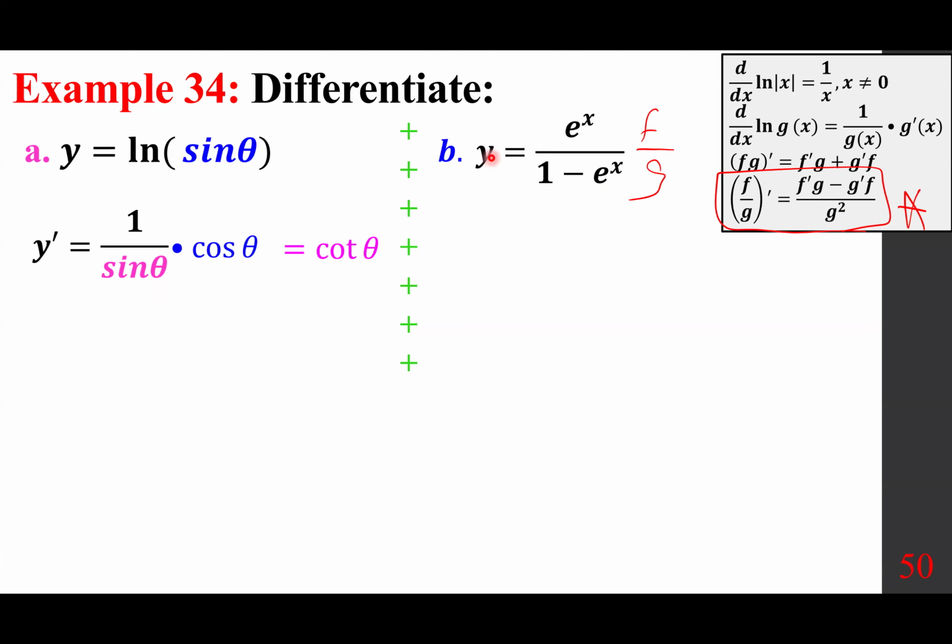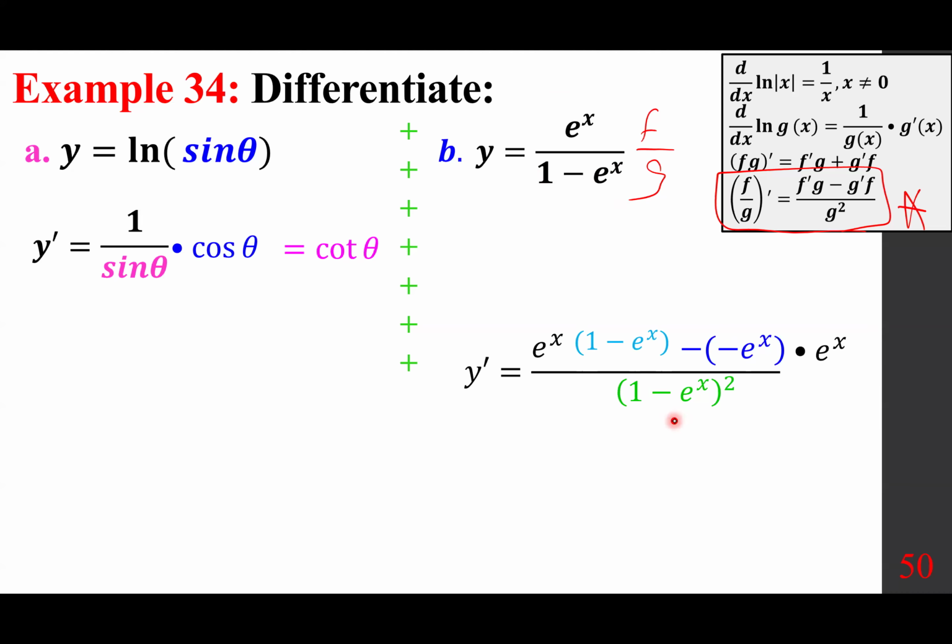So y prime is f prime, the derivative of the top, which is itself, times g, the bottom, 1 minus e to the power of x, minus g prime, and inside the parentheses we put, this is 0 minus e to the power of x, and then times f, which is e to the power of x itself, divided by g squared. Put this in a parenthesis and square.